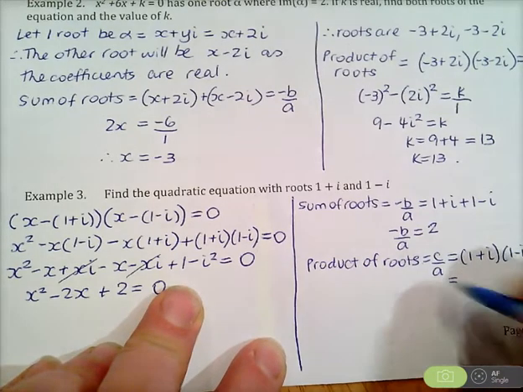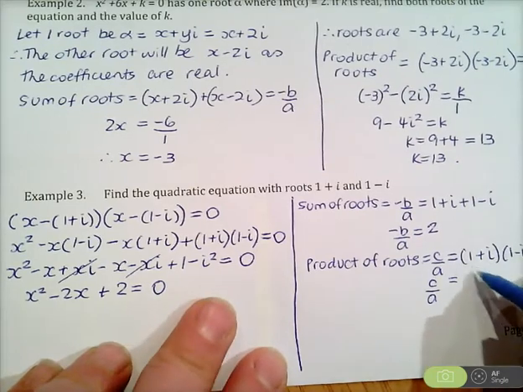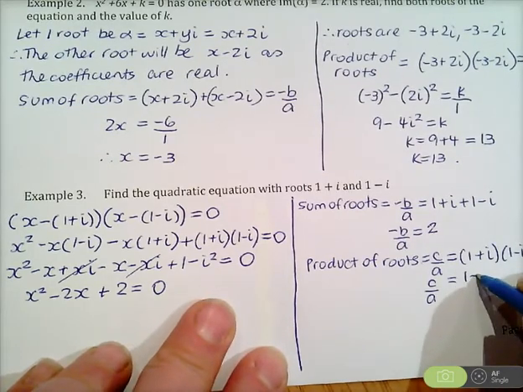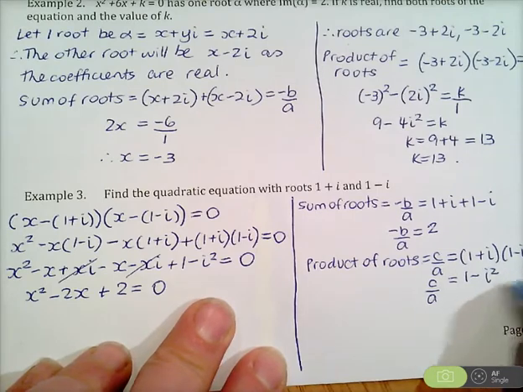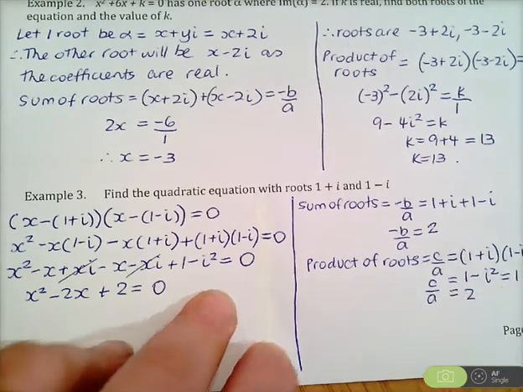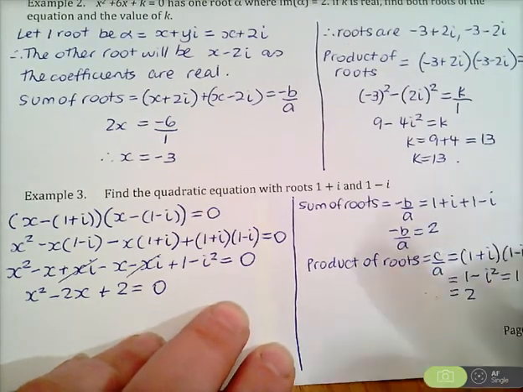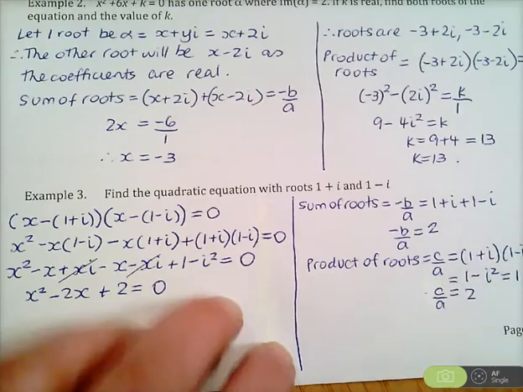Now that's a difference of 2 squares, so we get that c on a is equal to 1 minus i squared. In other words, it's 1 plus 1. In other words, c on a is 2. I'll just move that down. Okay, so c on a is 2.